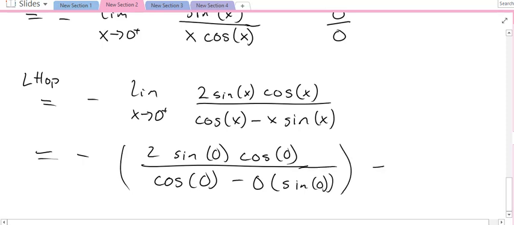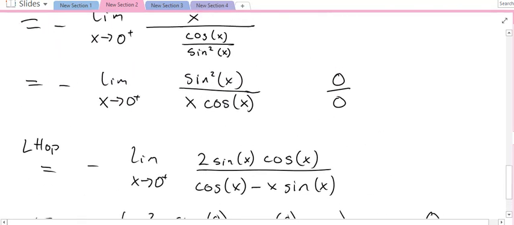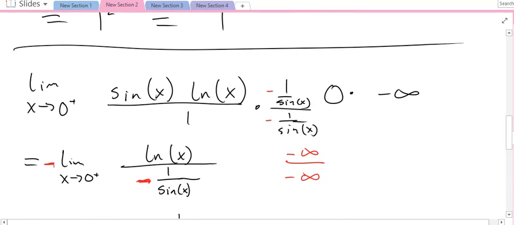Sine of 0 is 0, so the numerator is going to be 0, and the denominator is going to be 1 minus 0. So this is 0. This limit, when we take these two things multiplied together, is just 0. So the limit as x goes to 0 from the right of sine of x times ln of x is 0.